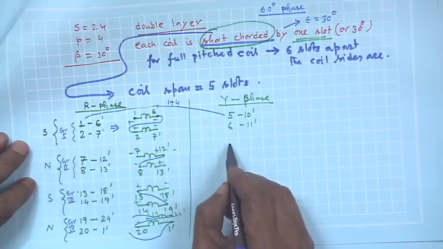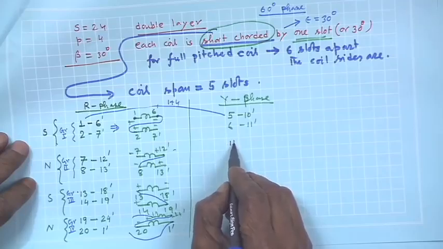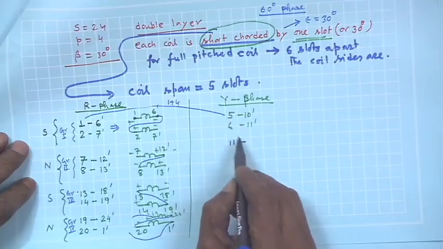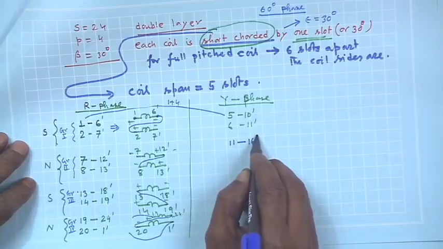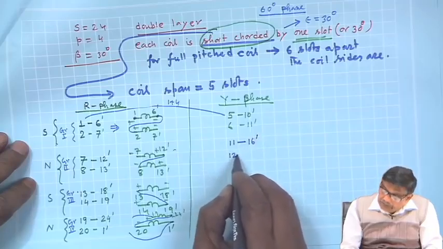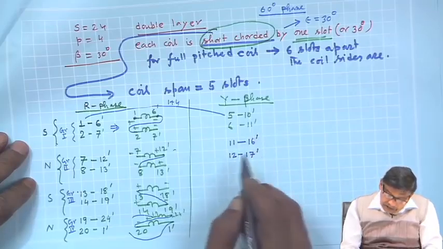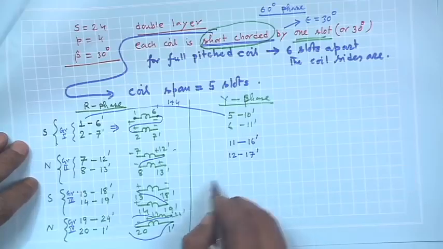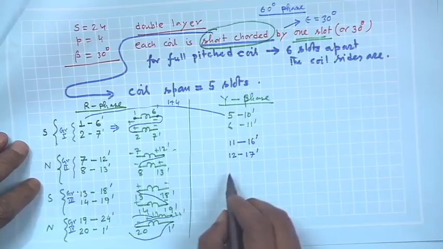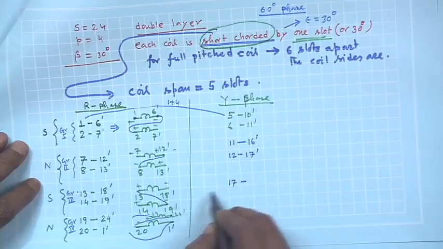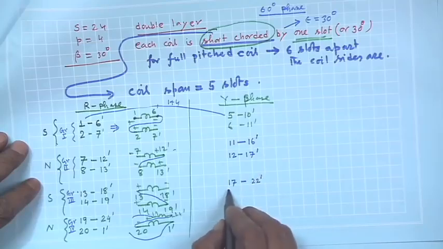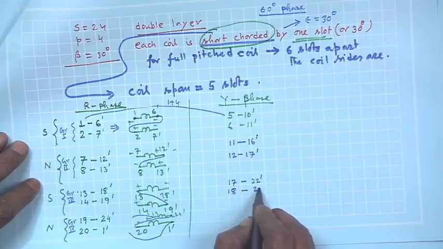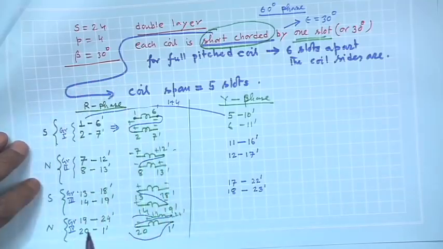Similarly, group 2 will be 11, 5 plus 6, 11, and 11 plus 5, 16 dashed, then 12 to 17 dashed, and here it will be 13 plus 4, that is 17, and then plus 5, 22 dashed, and 18 to 23 dashed. So, altogether there are 24 coils.